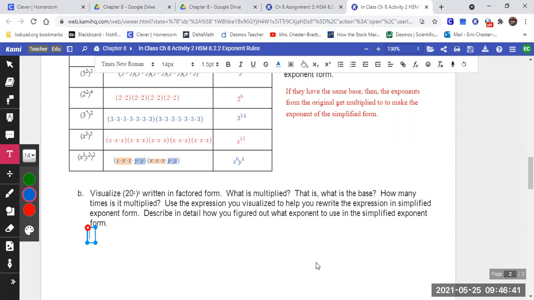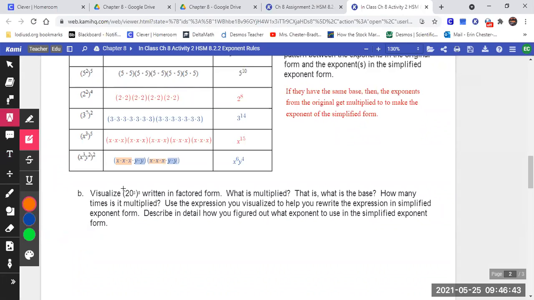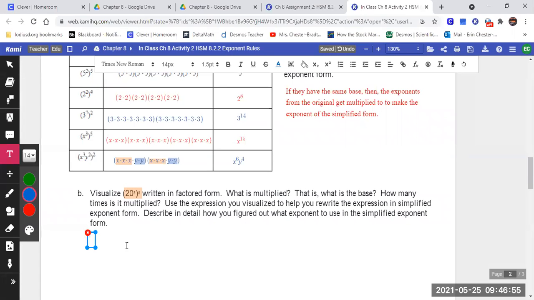So we are looking at what they gave us, this expression right here, 20 to the 3rd power to the 8th power. We're thinking about how this chart worked, and we're coming up with some sentences about what is being multiplied. We are multiplying the exponents. Okay, what is the base?